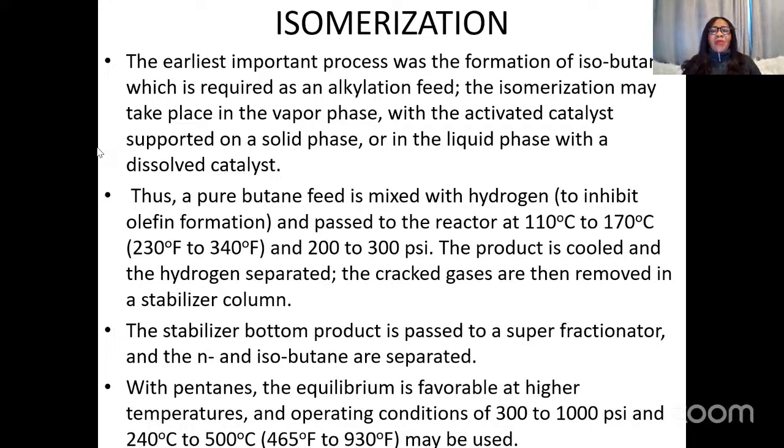So if it takes place in the vapor phase, you support it with solid catalyst. But if it takes place in liquid phase, then you dissolve the catalyst in it.